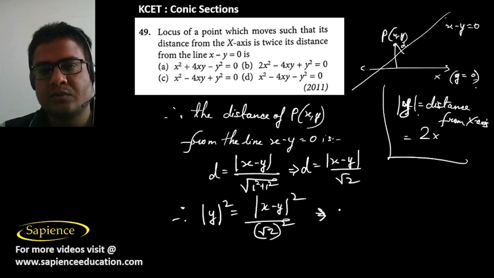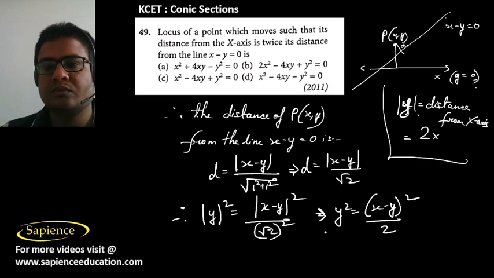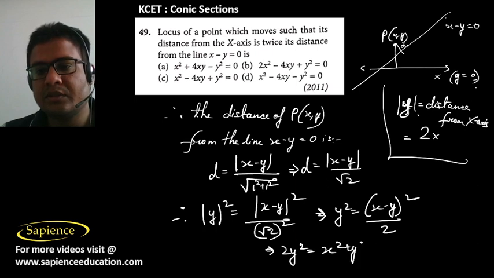So y square will be equal to x minus y whole square by 2. This will be 2y square equal to x square plus y square minus 2xy.